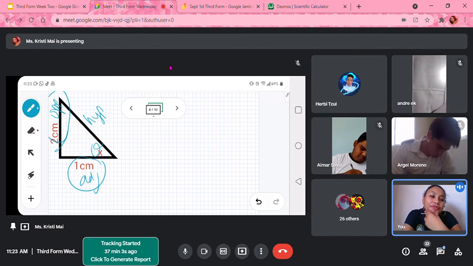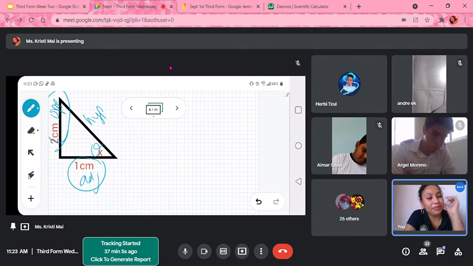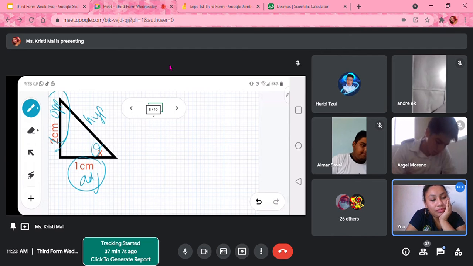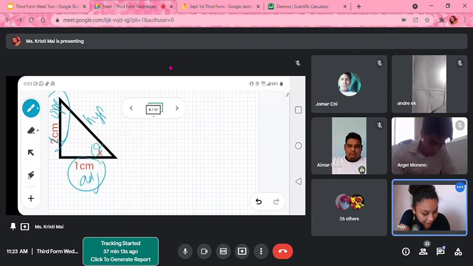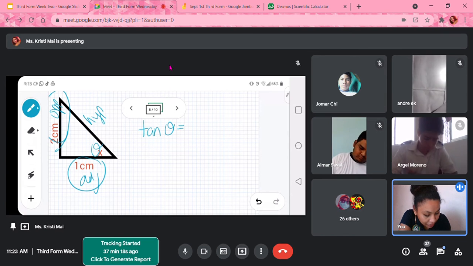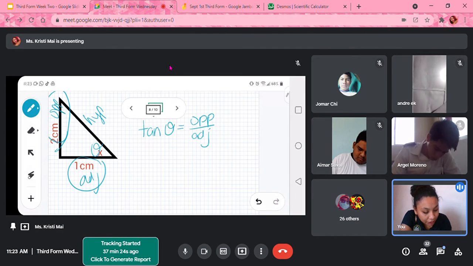So what formula do I have to use? Tangent, very good. So tangent of theta is equal to opposite over adjacent.